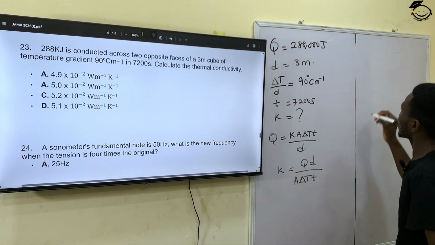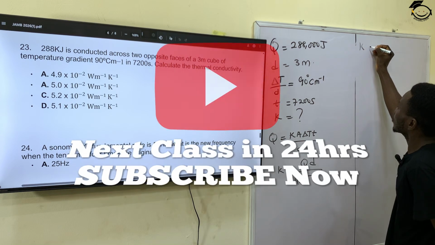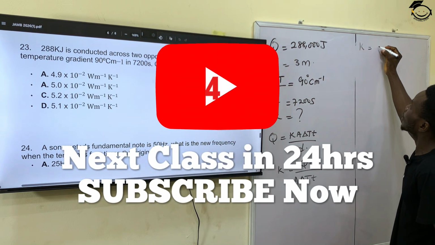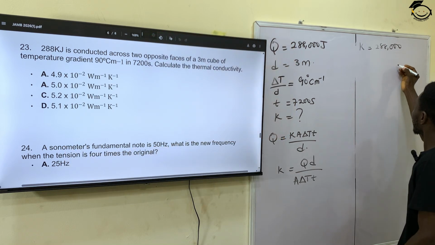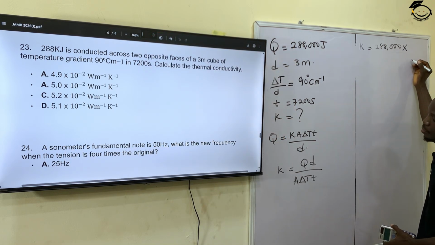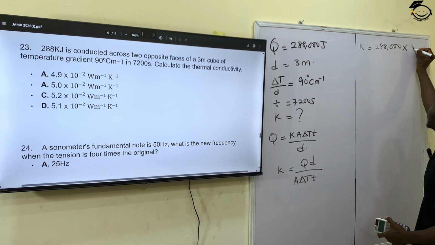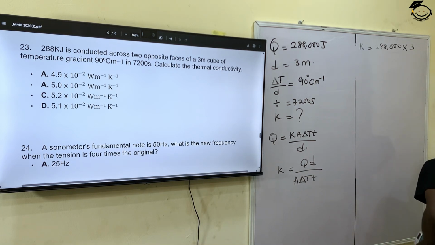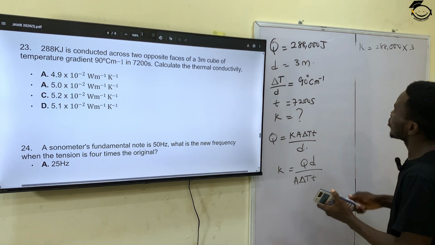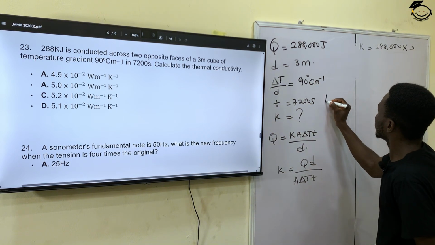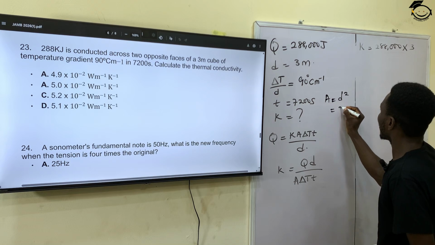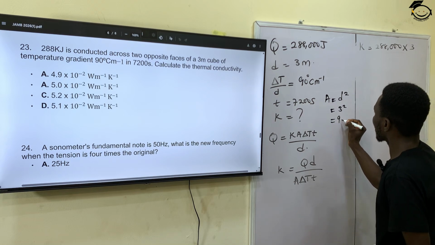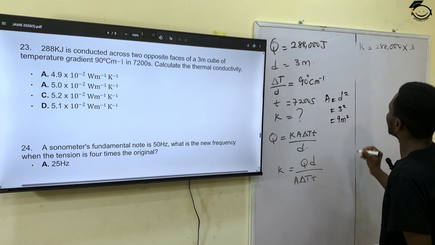So my thermal conductivity is: my Q here is 288,000 times my D here, which is 3. So I find my area. Looking at this, you can tell that the area is equal to D raised to power 2, which is 3 squared, and that will give me 9 meter square.